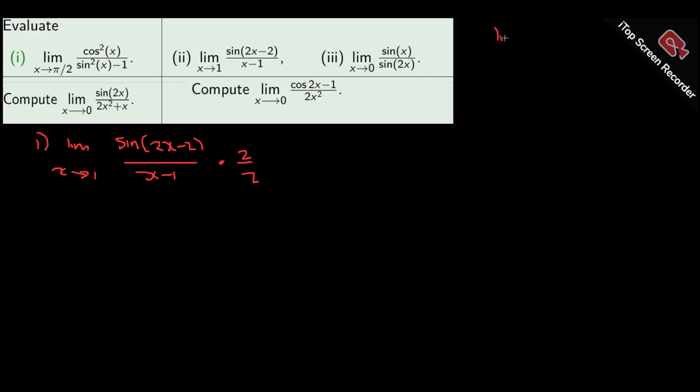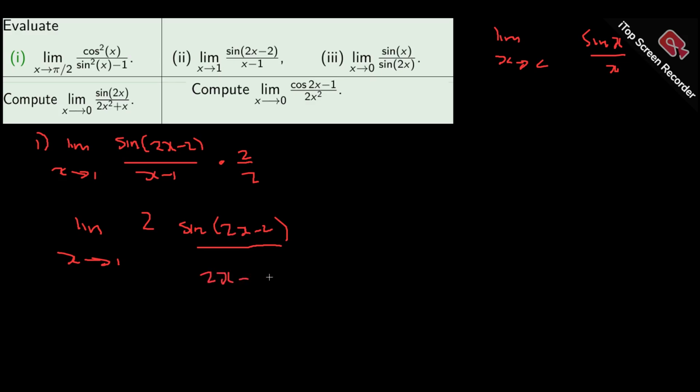Remember, we said sine x over x. What we have here is supposed to be exactly the same as the denominator. So when we multiply, we're going to have 2 sine 2x over, when we multiply this guy, 2x.